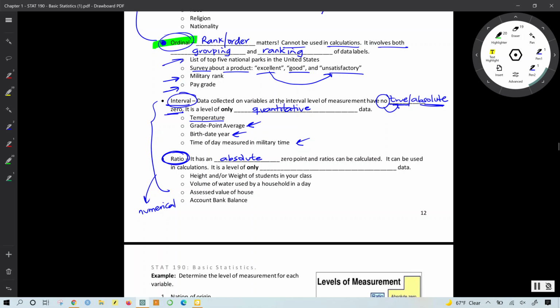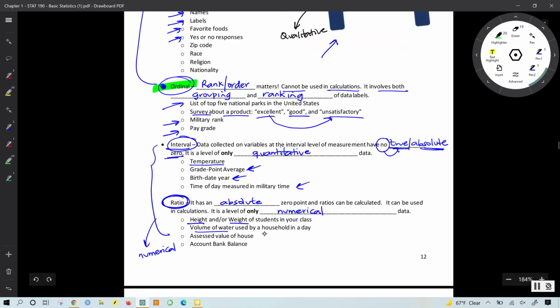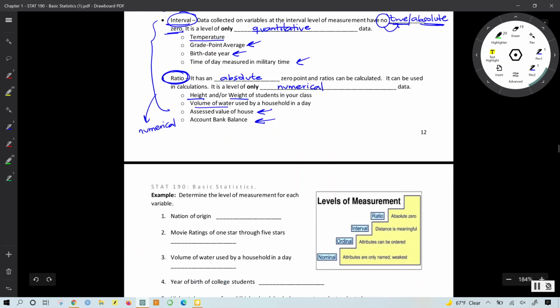And it is also a level of only numerical or quantitative data or variables. So height, weight, if the weight of someone is 0, then that means that person does not exist, or that weight does not even exist. The volume of water used, if it is 0 liters, then none was used, that is true 0. So is assessed value of a house and account bank balance.